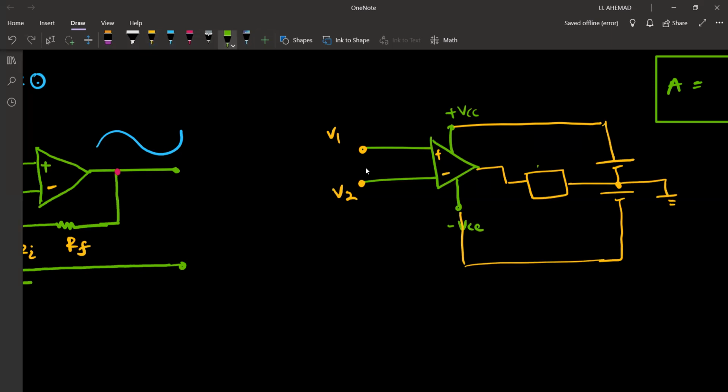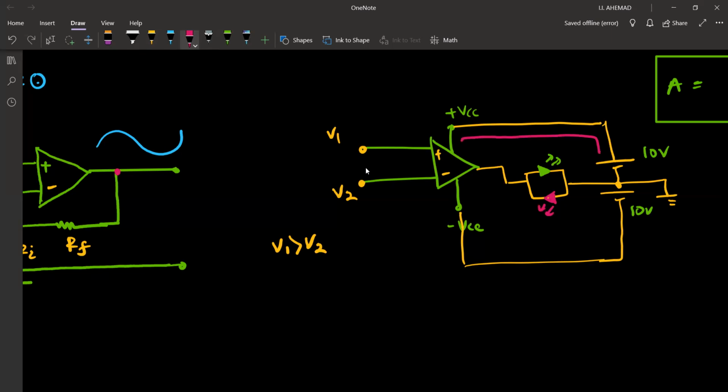Here, let's say we have a green LED, and here we have a red LED. So let's say this is 10 volt and this is also 10 volt. Now, if V1 is greater than V2, the current will flow in this circuit from this 10 volt battery.